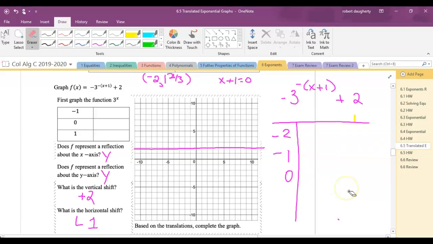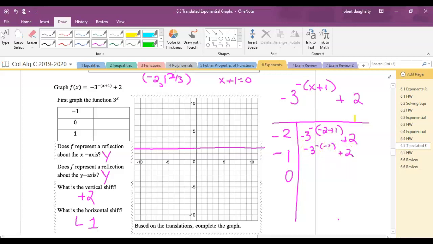parentheses. When I was substituting this in, this is negative 3 raised to the negative of negative 2 plus 1 plus 2. I have to plug it in just like it is, okay? What is negative 2 plus 1? Negative 1. Okay, so this is negative 3 to the negative of negative 1 plus 2.